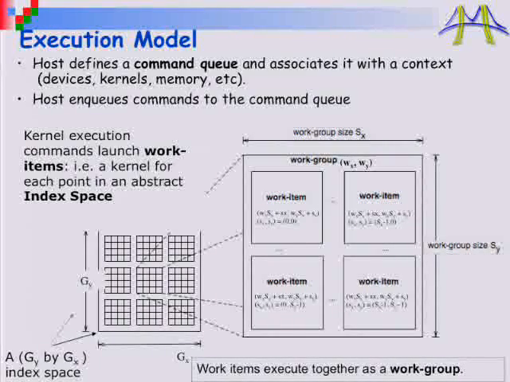So a command queue is essentially a Cuda stream, but it has more context associated with it. That is, you associate a particular command queue with a particular compute device, whereas in Cuda you had multiple streams communicating with the same device. And again, just like you make kernel calls or call the memory transfer functions, the host enqueues commands onto this command queue.